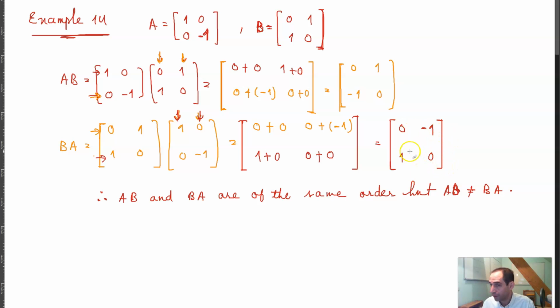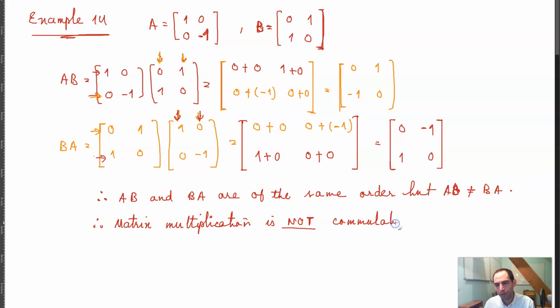Okay. So therefore, matrix multiplication is not commutative. Right?